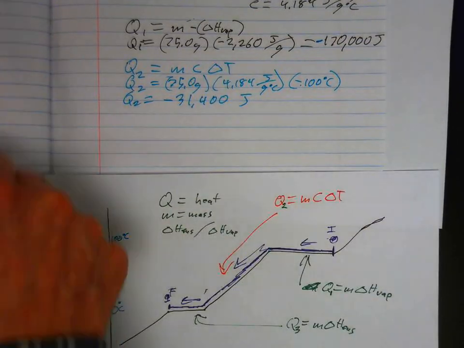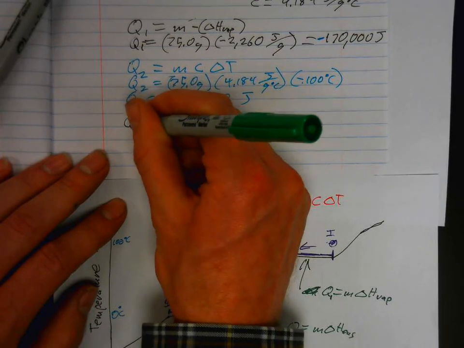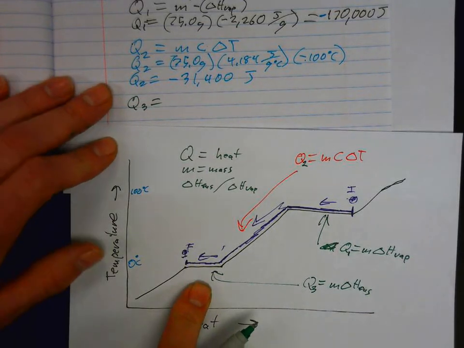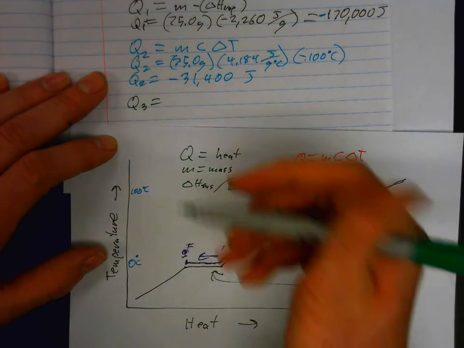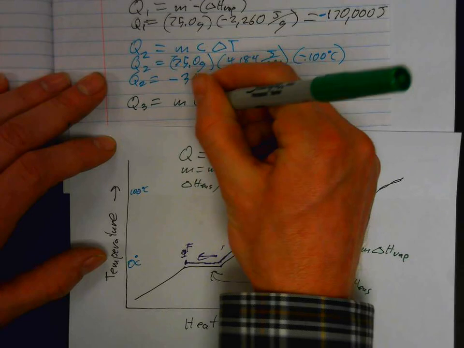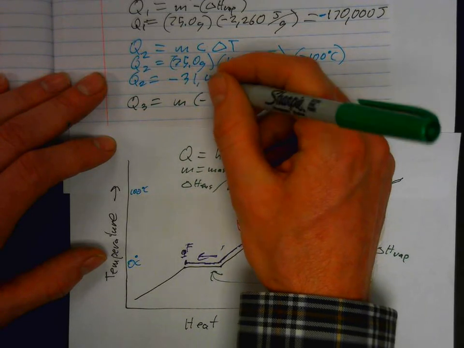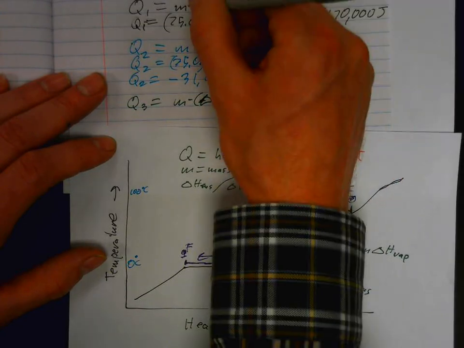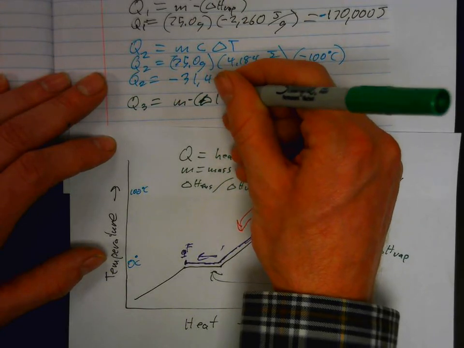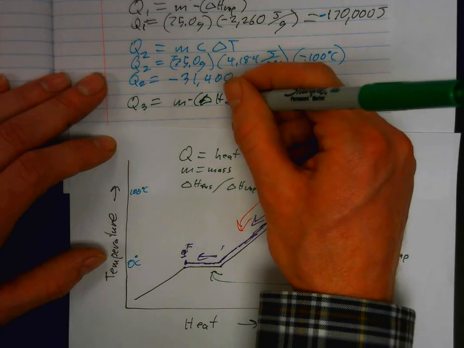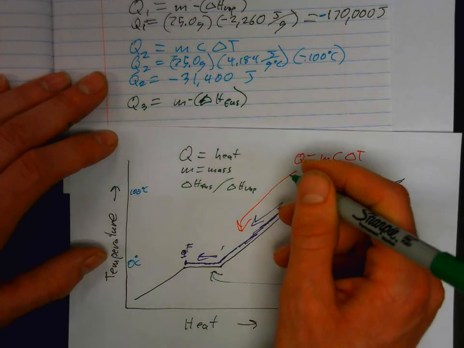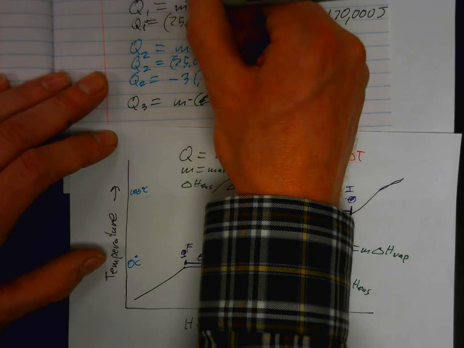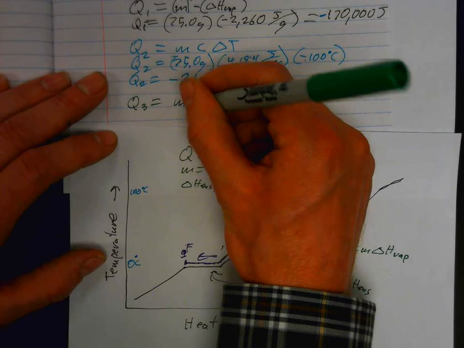All right, and the last value, Q3. So again, we're using this equation. And so Q3 is the mass times the negative heat of fusion. So I guess this should have parentheses. Both of these here should have parentheses.